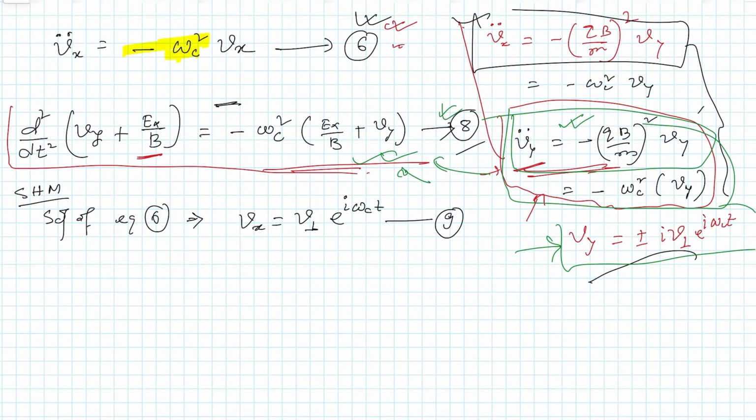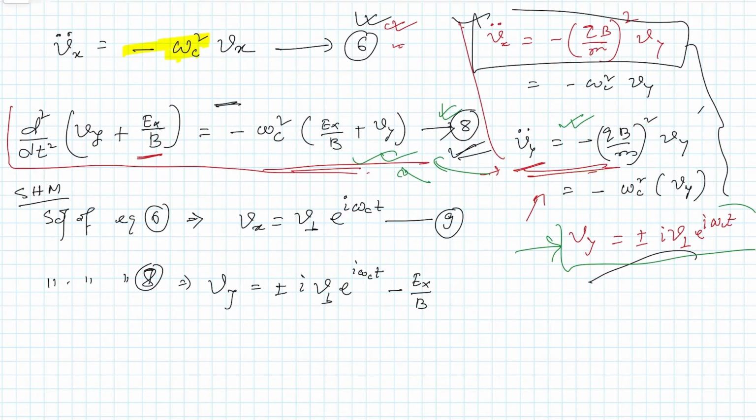That will be, sorry, not 7, that's 8, Vy equal to plus minus i V perpendicular e to the power i omega c t. The extra term should be written, Ex by B. So this is the solution of equation number 8.